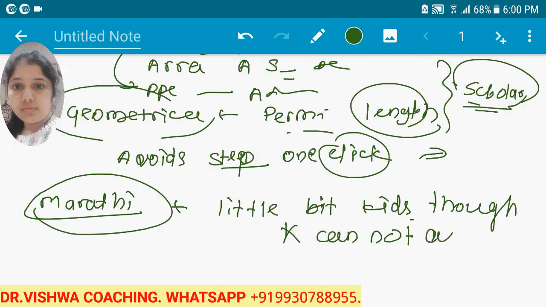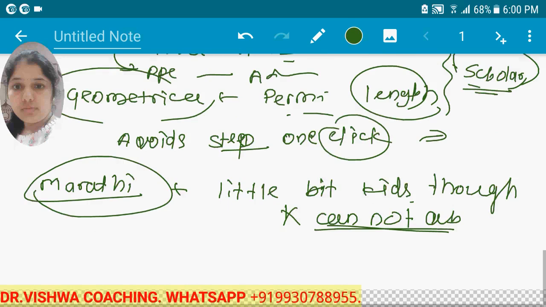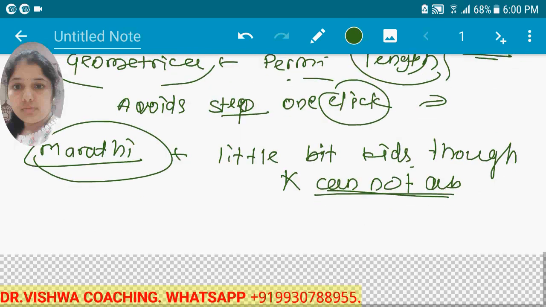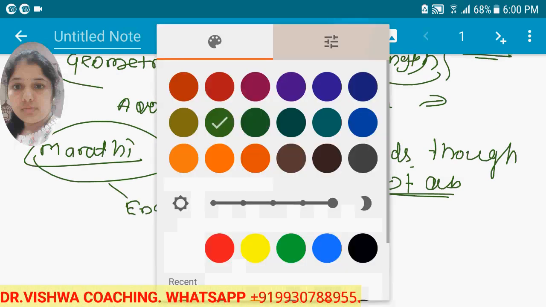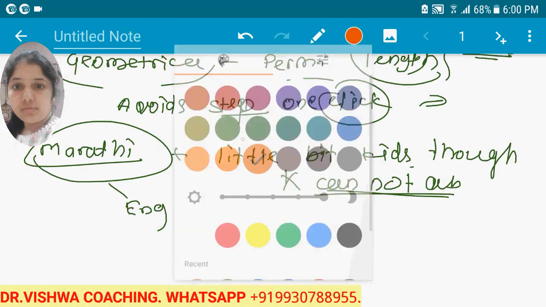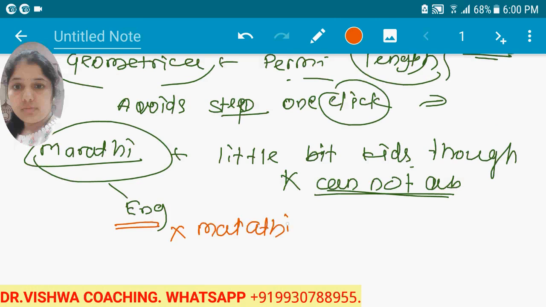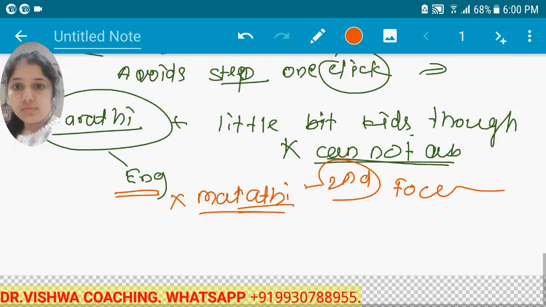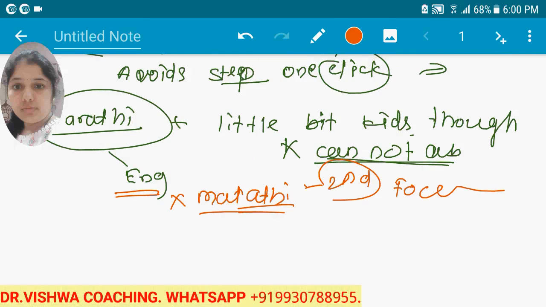They are not able to read it because they are in an English medium school, and from childhood they are learning English and not that much Marathi, because they are learning Marathi as a second language, and that's why they are not focusing that much on this subject. So they are unable to read Marathi. Even though they can speak it, they cannot read it.